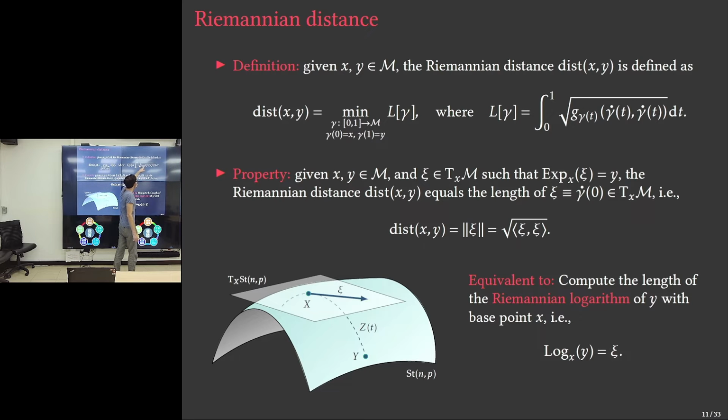This is the Riemannian metric. As I said, sometimes we use g to denote the Riemannian metric. Well, usually we use g, but in matrix algorithms we use other things. So it is the Riemannian metric, and this is the derivative of the curve with respect to t. This gives you the length.